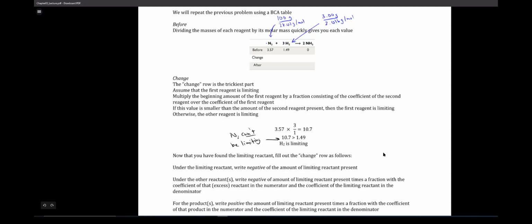And so since only one of them can be limiting, if it's not N2, it must be H2. Now you fill in the change row.